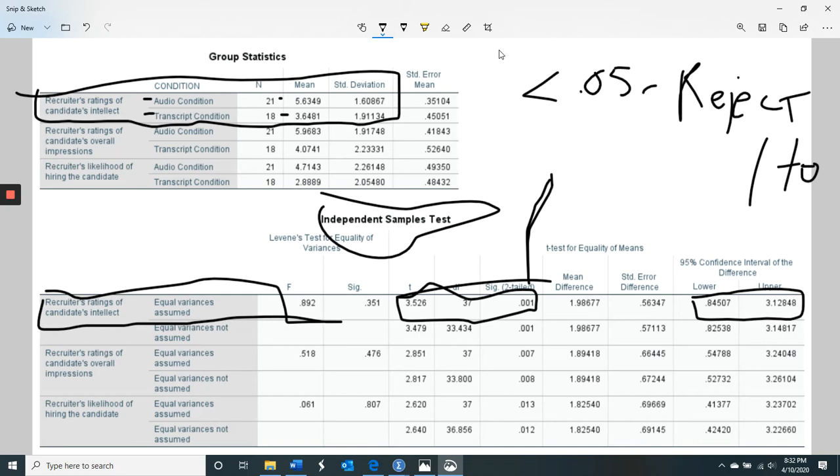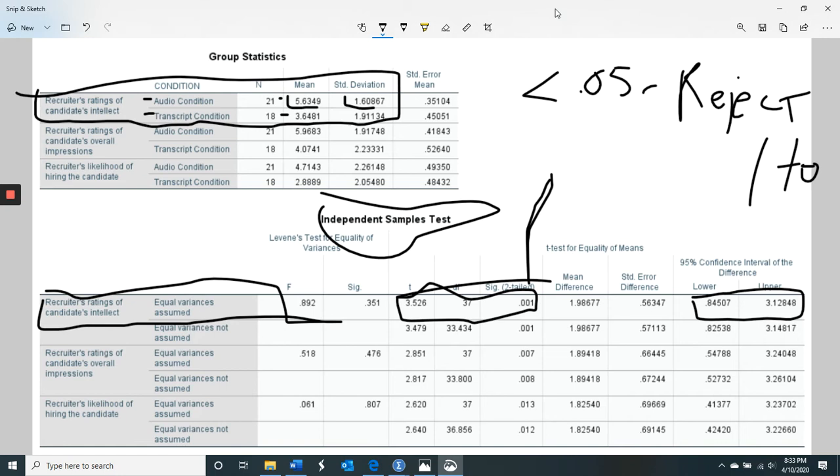So the sentence then would be, for the first sentence for this t-test of intellect, recruiters rated job candidates in the audio condition (mean equals 5.64, standard deviation 1.61).